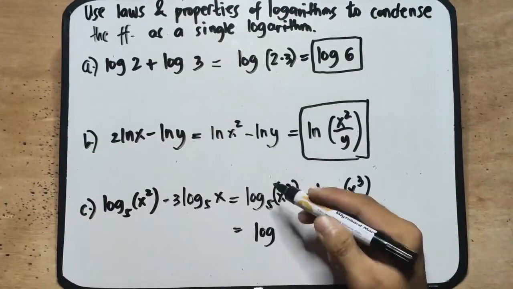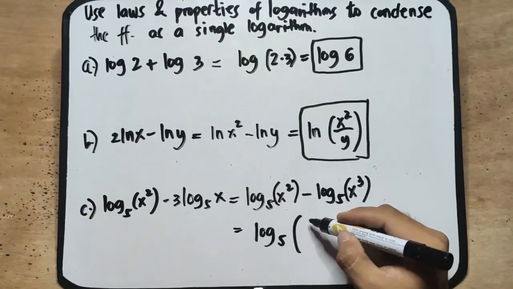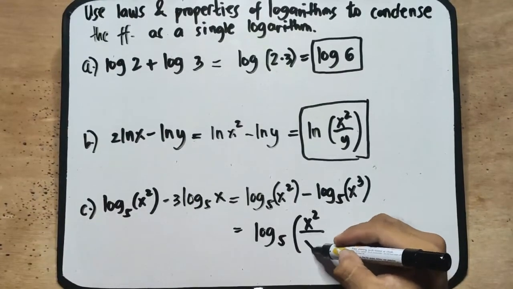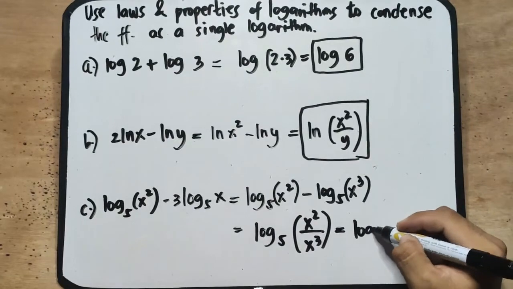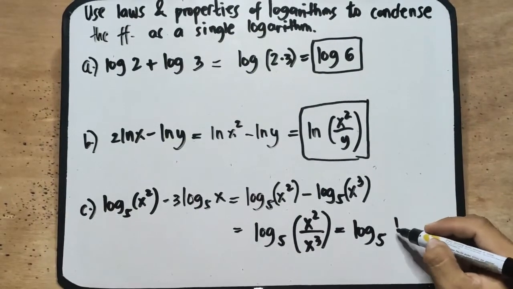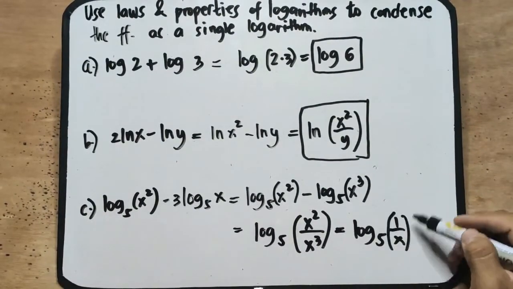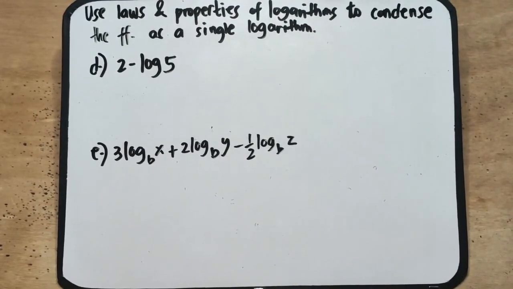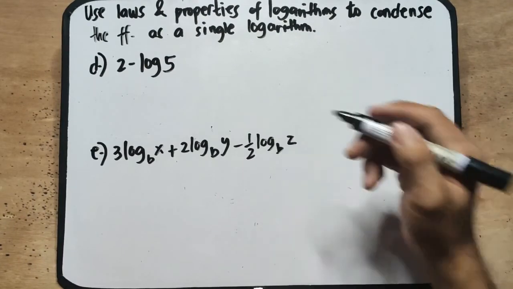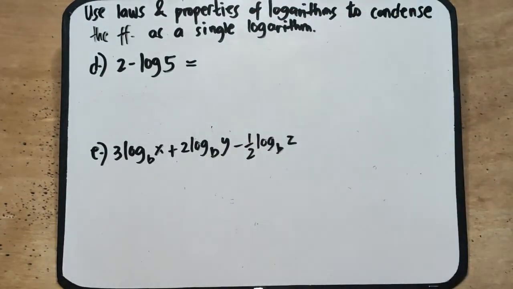We have log base 5 of x squared all over x cubed. That can be simplified as log base 5 of 1 all over x. So, this is our answer. Fourth item, we have 2 minus log of 5. So, how are we going to condense this?